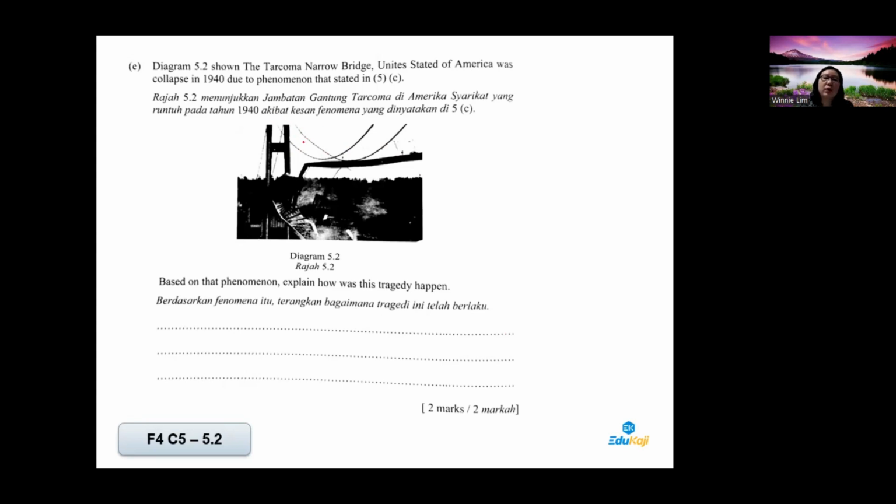This strong wind has a frequency, and we call this a forced frequency. It forced the bridge to oscillate at the natural frequency of the bridge. Again, when any object encounters resonance, the particles inside the object vibrate at maximum amplitude. So when this happens, that's why the bridge collapses.